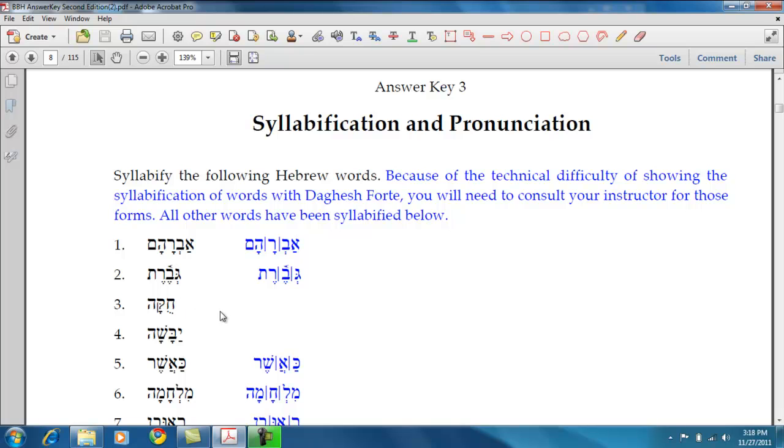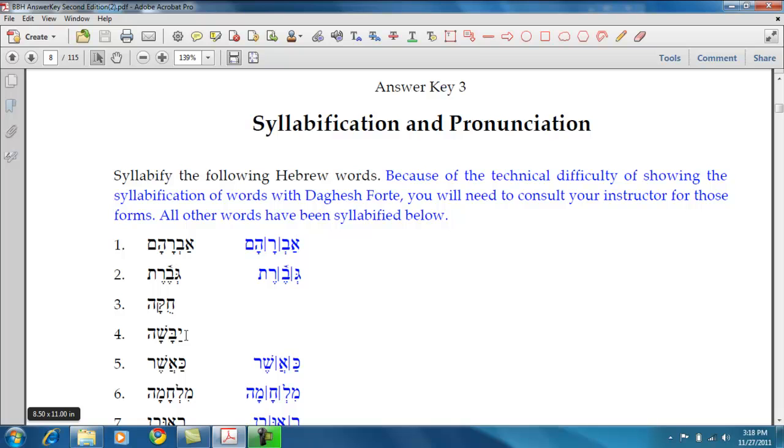And so what we're going to have here is the chet with the kubbutz, with the kof, and then we're going to split the kof in half, and we're going to put another kof with a kamets hey. So there's two syllables, chuk, ka, chuk, ka, and that's what you would have in number 3 here.